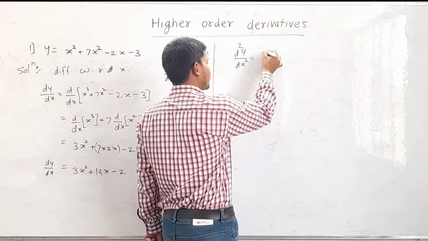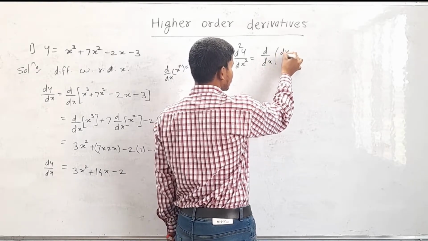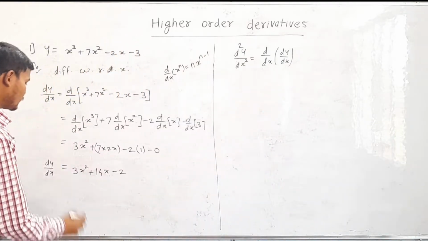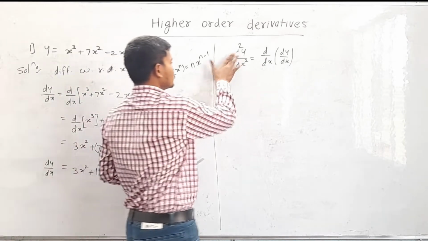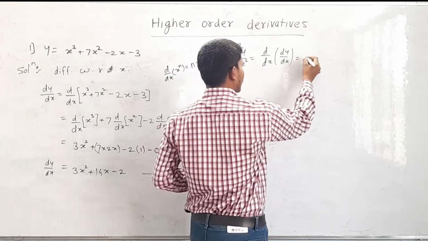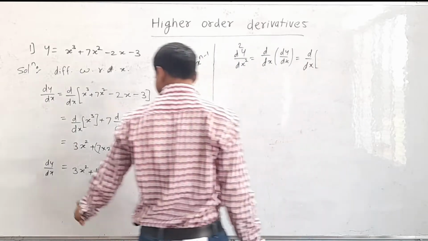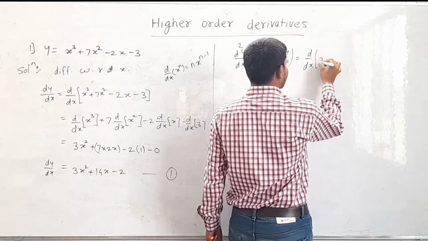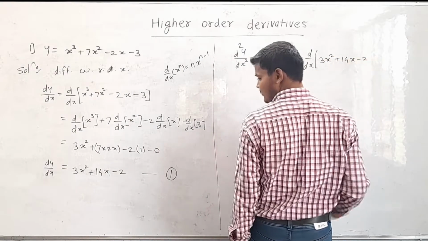We can write this as derivative of derivative. So, that we have to calculate the derivative of this function, that is equation number 1. Now, derivative of 3x square plus 14x minus 2.